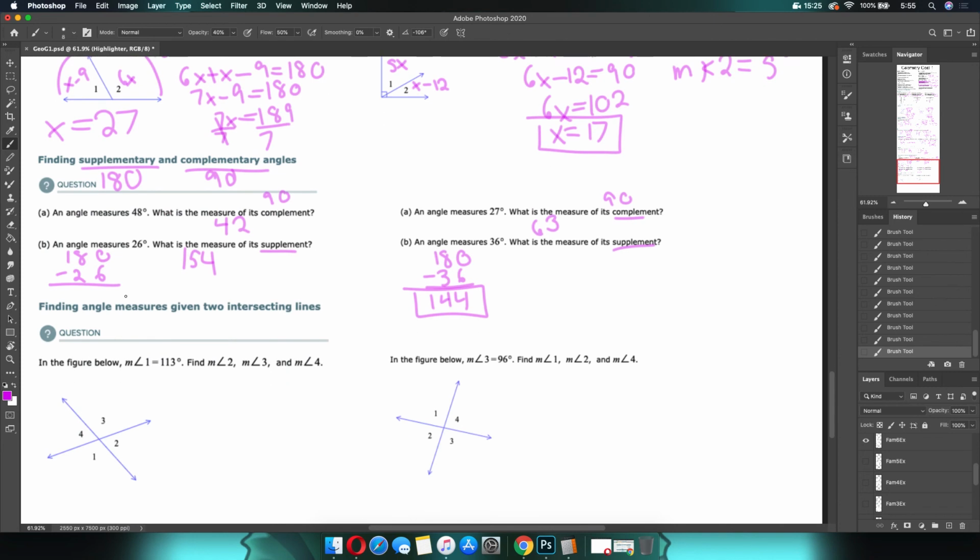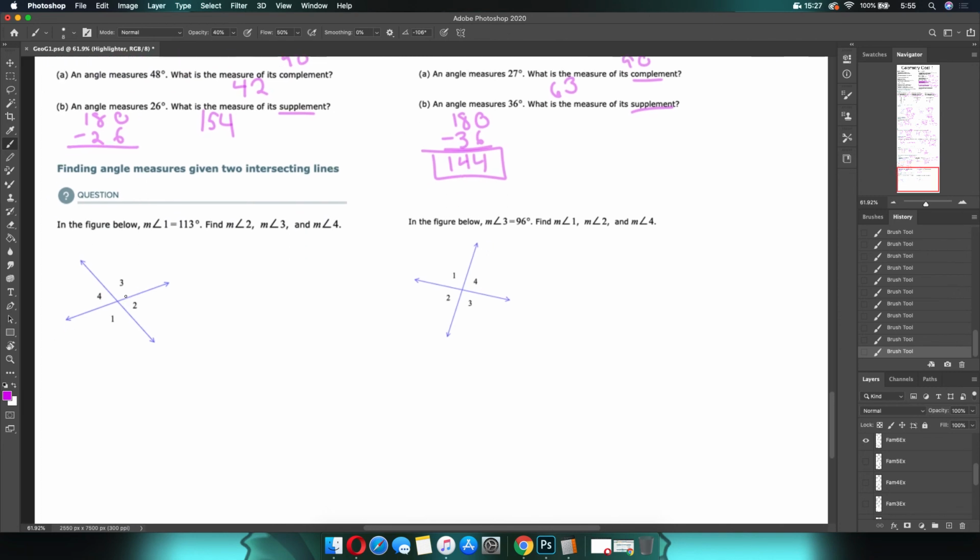And then last one, I believe this is a DSA question. No, I don't think so. But remember how vertical angles are congruent and a linear pair is supplementary. Supplementary meaning 180. Those two facts now are going to work in our favor.